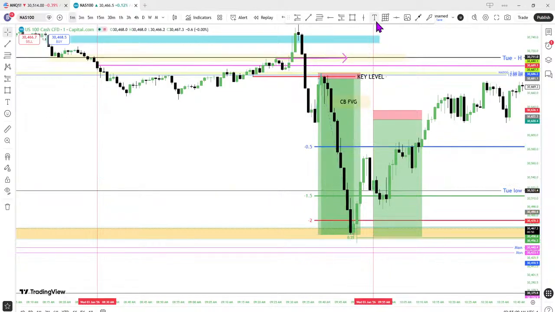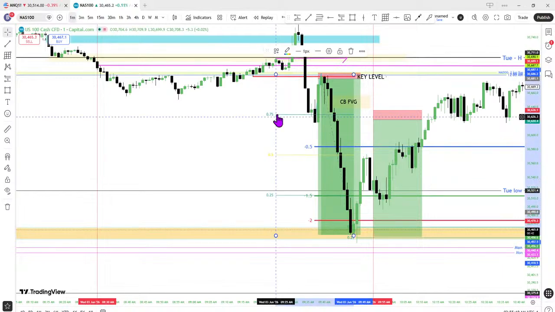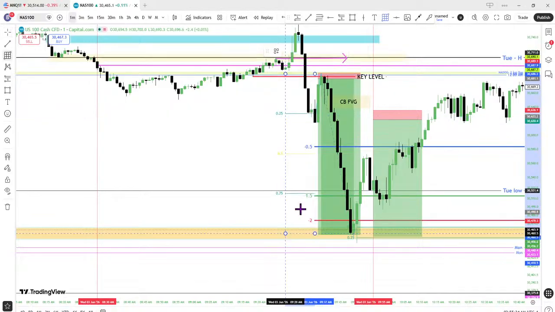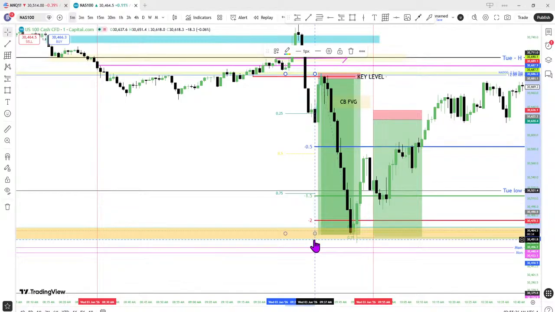If you measure from here to here, all my target here is 70. Sorry, let me bring it down. I turn this upside down. Okay. From my entry to my target, here is 70%. You can see it over here.